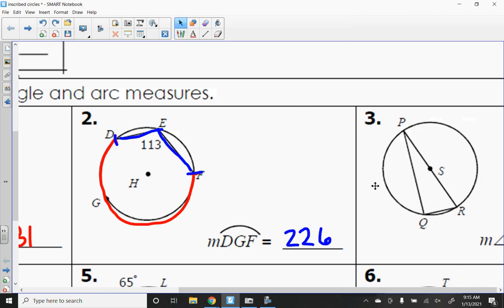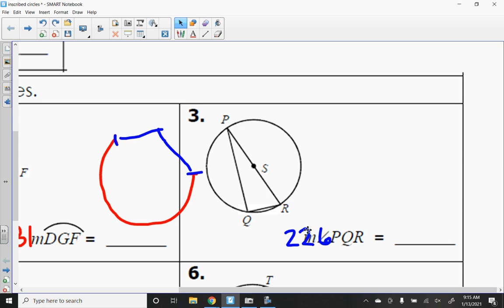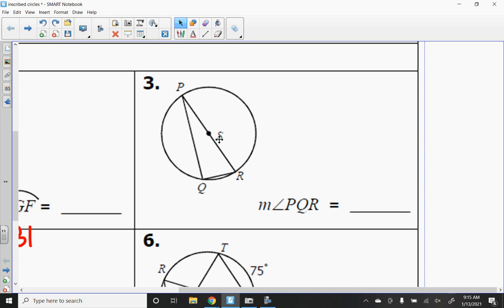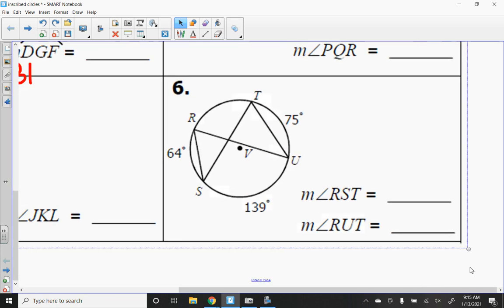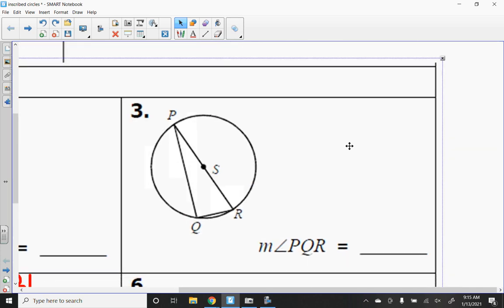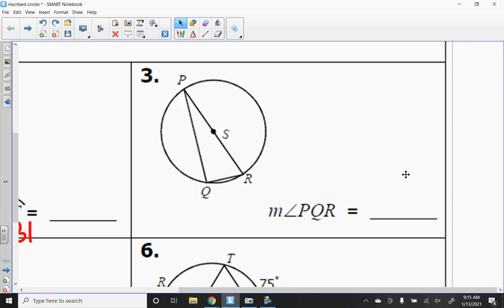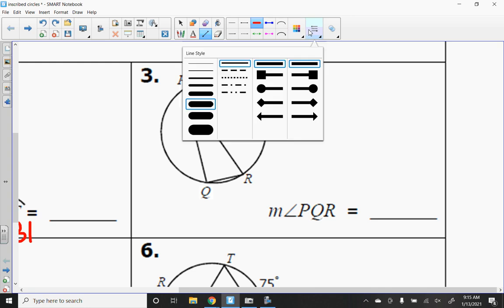All right, number 3. Let me erase all this stuff out of my way. Trying to get the whoops. All right, number 3. So we want angle PQR. So let me outline that in red.